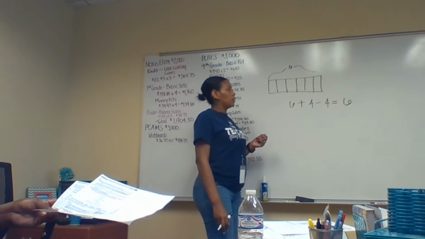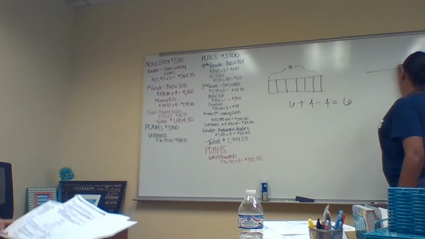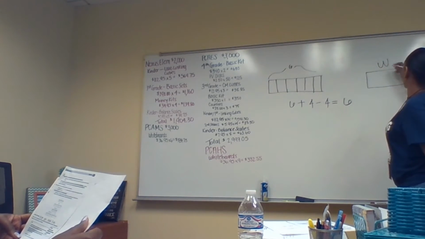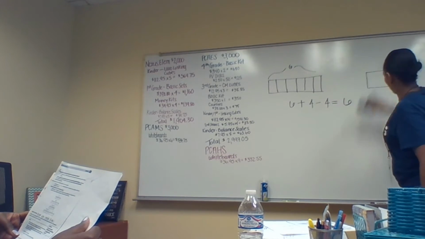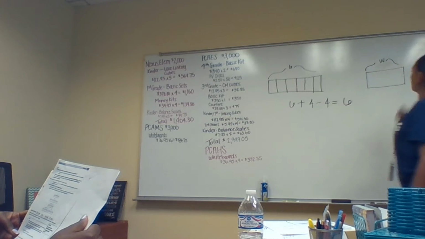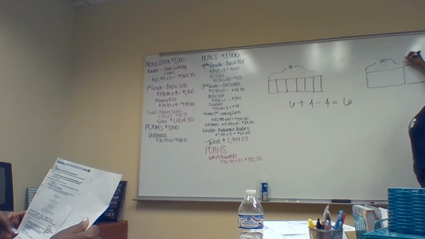Now walk me through the variable piece. So I could say that I start with W. I start with W. But then what happens when I, let's say, add on variable X?